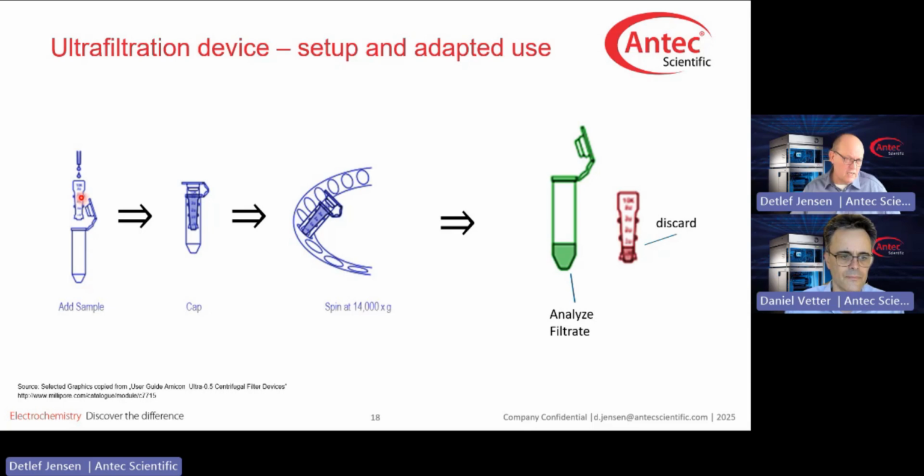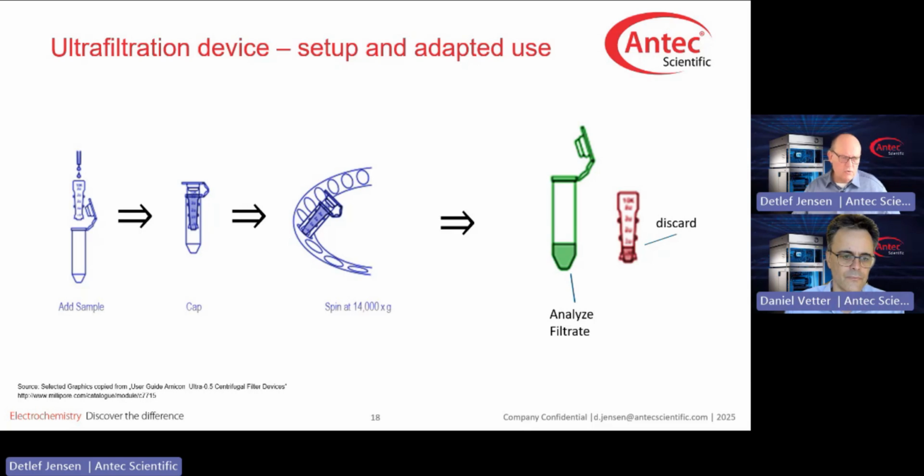And this insert comes with filters, and these filters have different pore sizes, therefore different molecular weight cutoffs. And you decide by the choice of this molecular weight cutoff what's the size of the component that I allow to pass through into the filtrate, and which is the size of the components that are being retained.